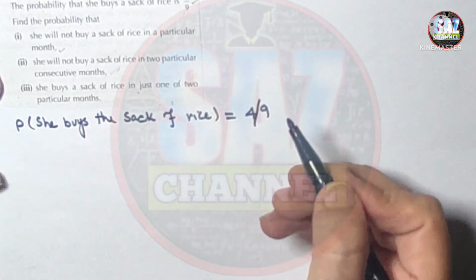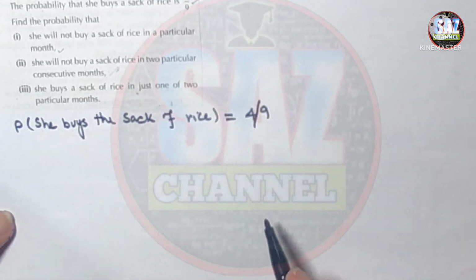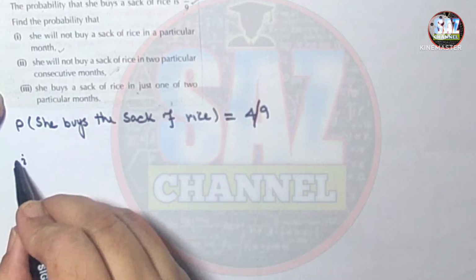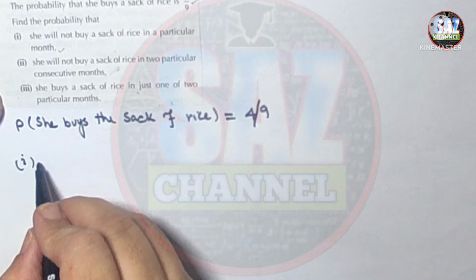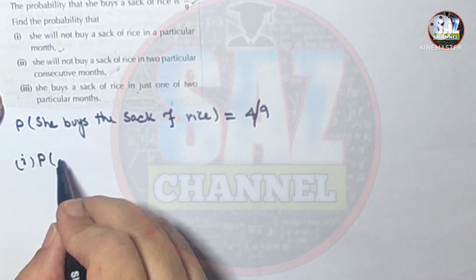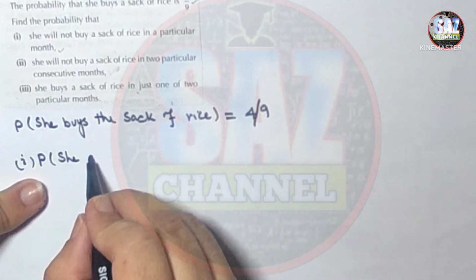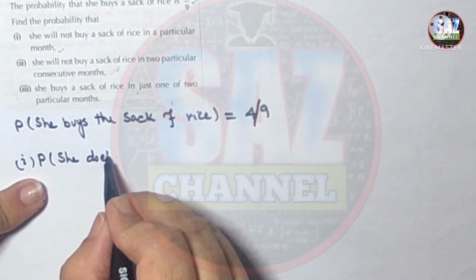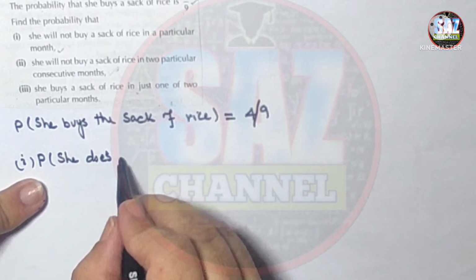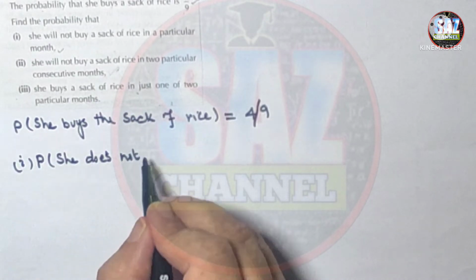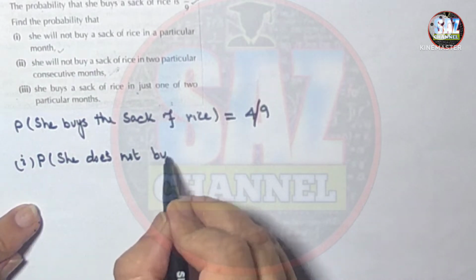And what we have to do is find, first part, the probability that she does not buy the sack of rice.